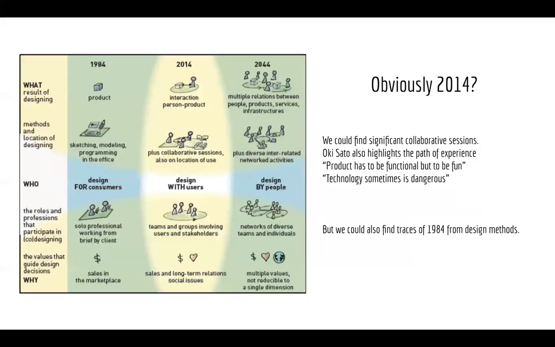First, we believe that generally speaking, Oki Sato's design process is correlated to the slice in 2014. We could find significant collaboration sessions in the product design process, like the cabbage chair, suggesting the collaborative sessions with fashion designers.